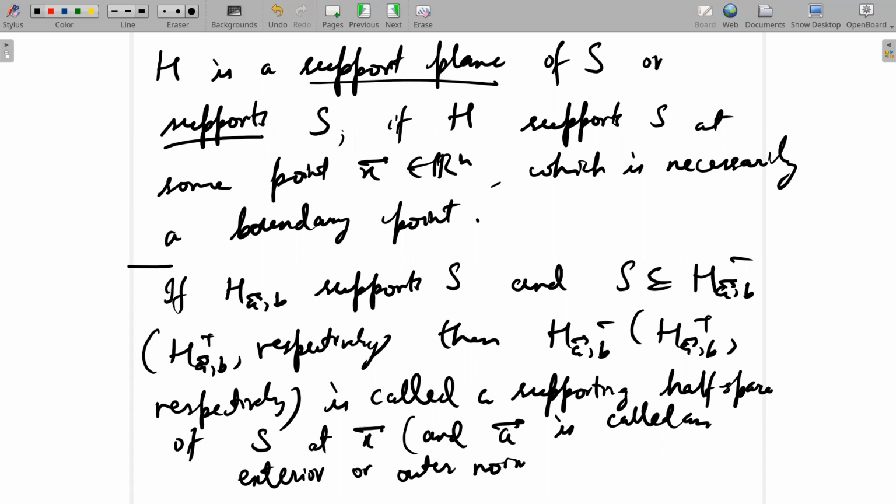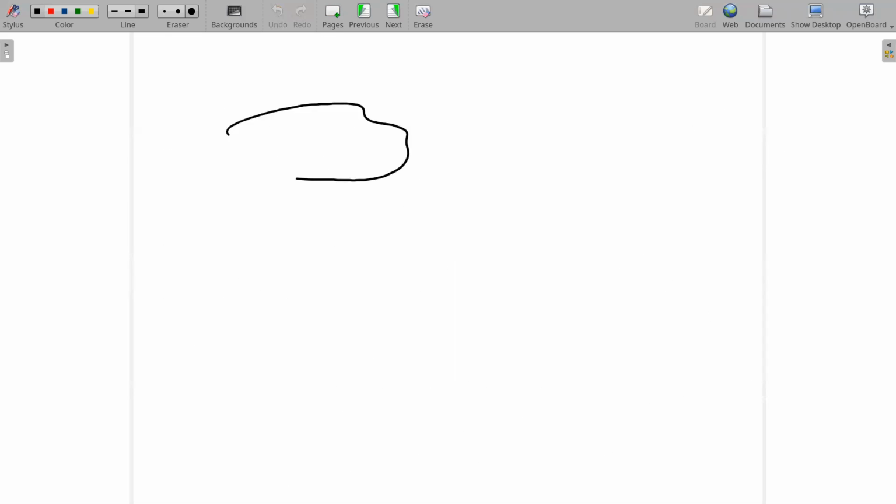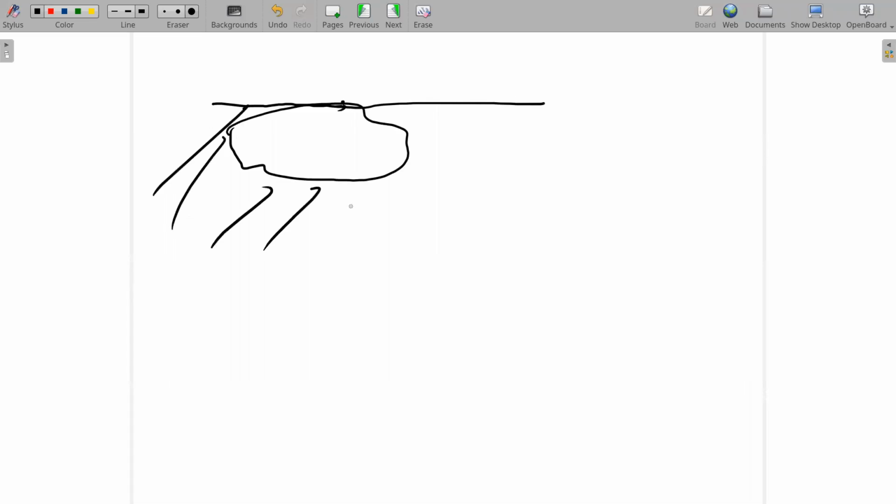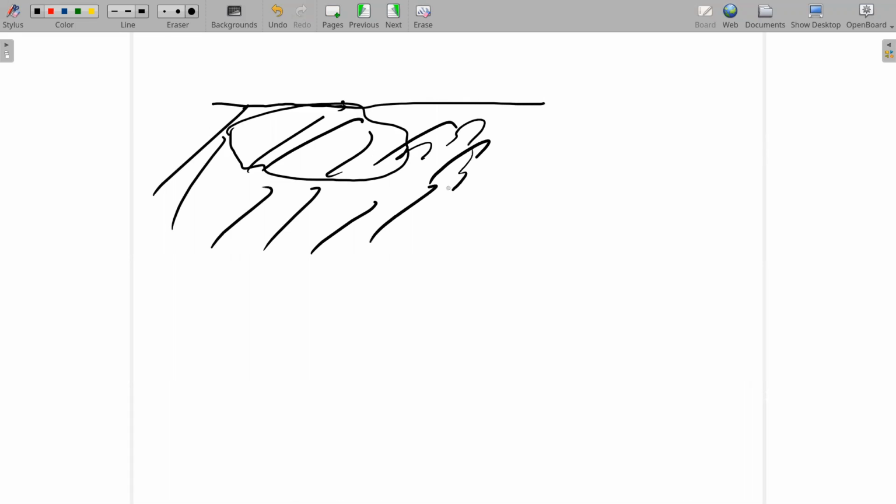So I'll clarify this point. You have an object like this. Here you have a point, and this is the supporting hyperplane, and this whole half space is the supporting half space. How is this half space defined? You have this vector a, so it is essentially given by all those vectors x such that the inner product of a with x is less than or equal to b.